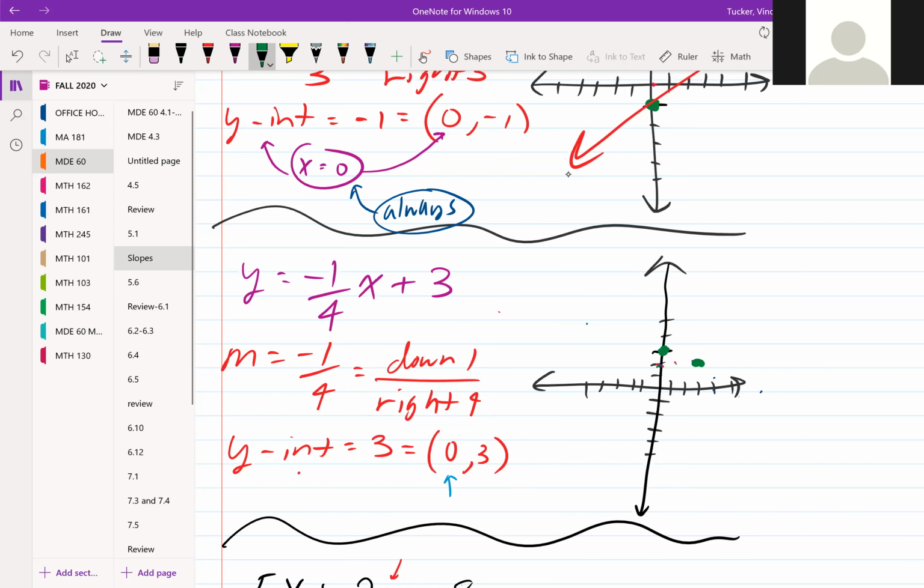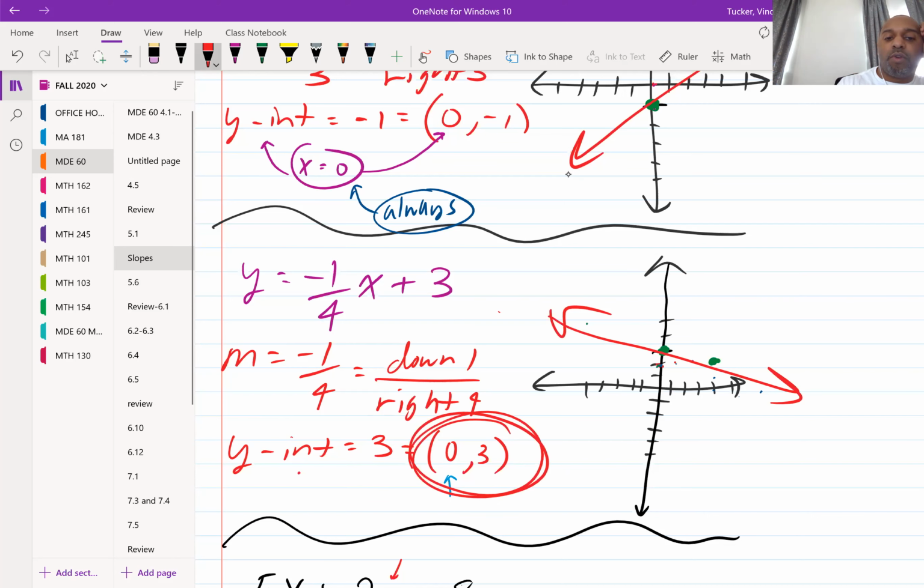Oh, right 4. Oh, I see how you did it now. So you always graph your y-intercept first, and then from the y-intercept, you go down 1 and right 4.